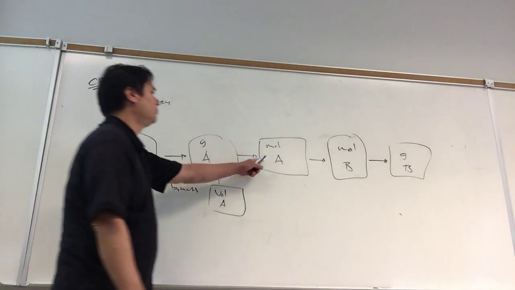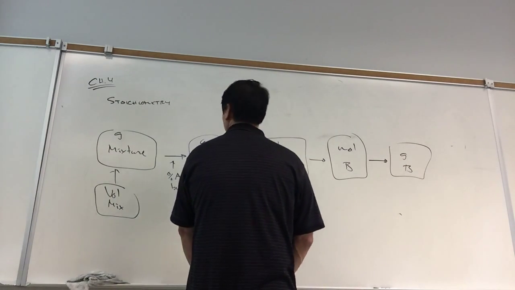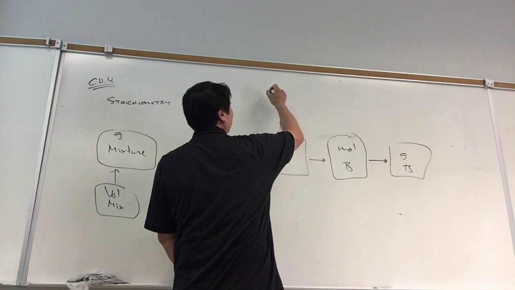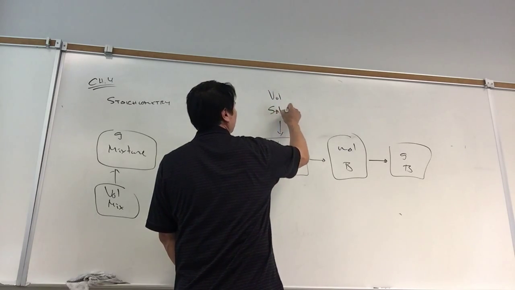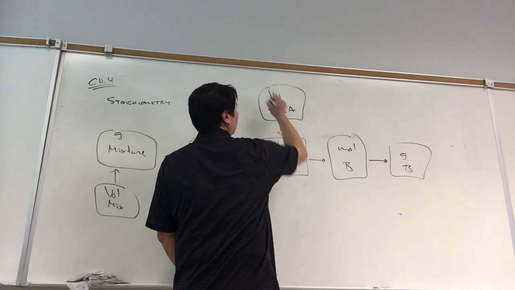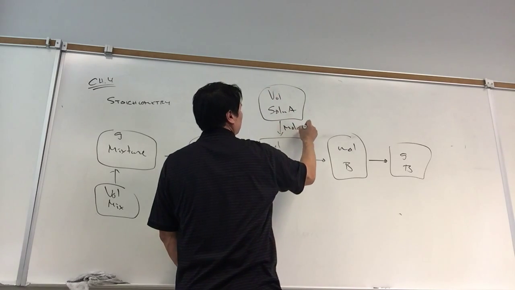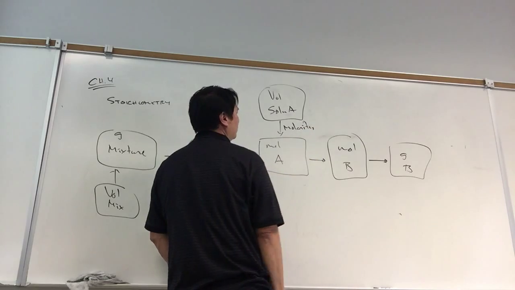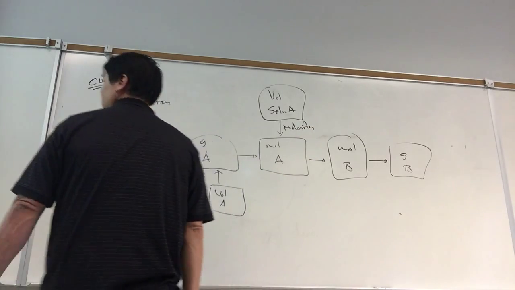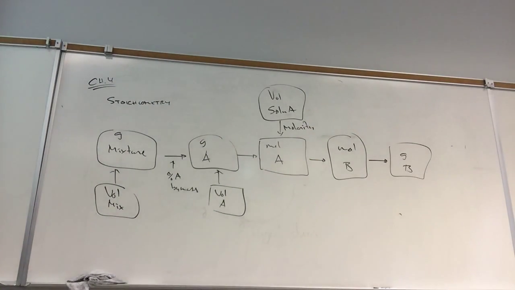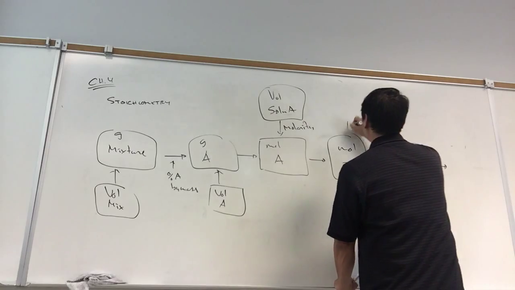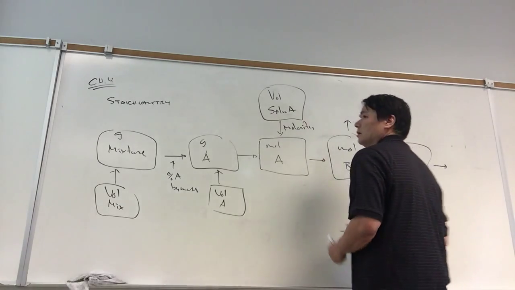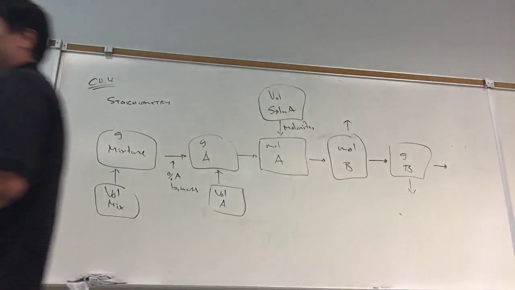Sometimes we could go straight into moles of A, if we have the volume of solution A and we have the molarity. How many moles per liter? And we can go straight to moles. So those are some variations. The same thing here, we can go to mixture or wherever it branches off to.